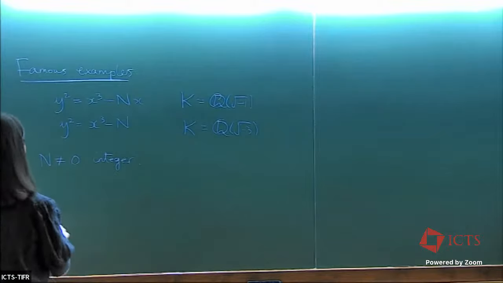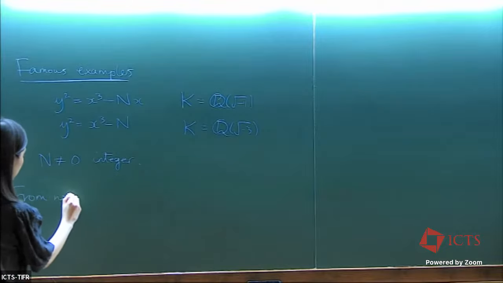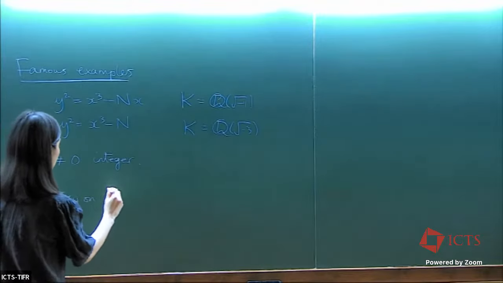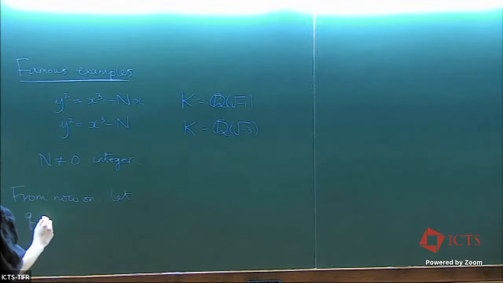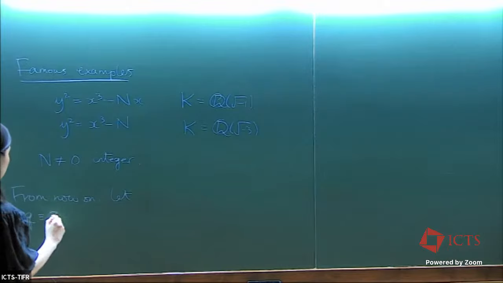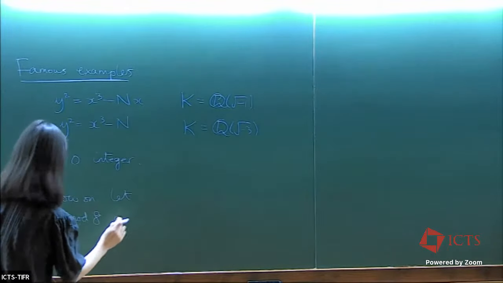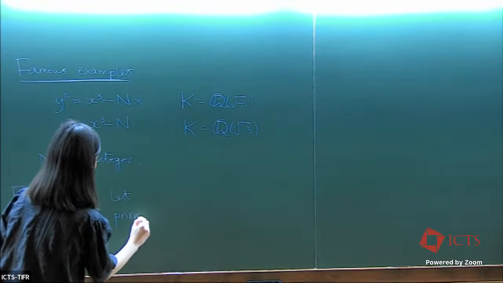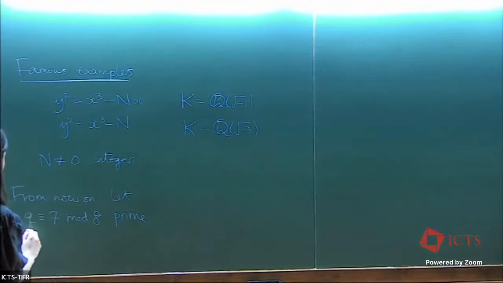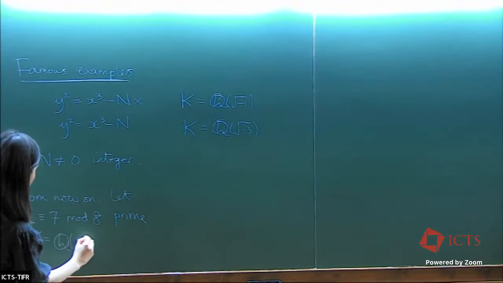So from now on, let q be a prime number congruent to 7 modulo 8. And let K be Q adjoin square root of -q.